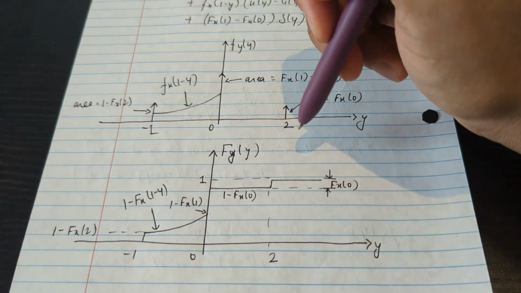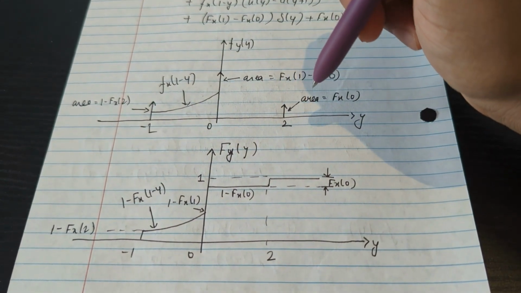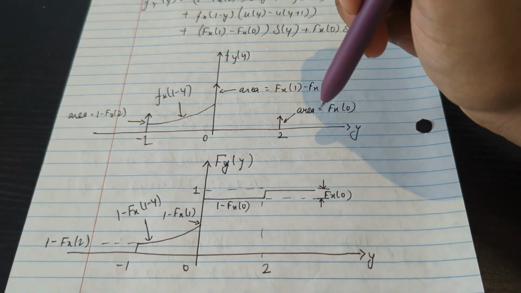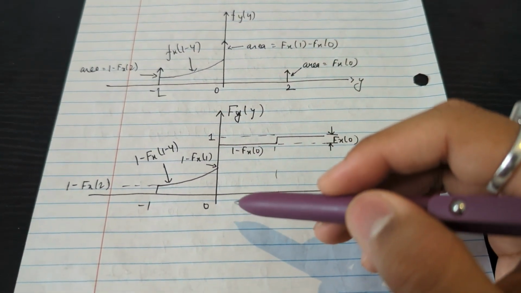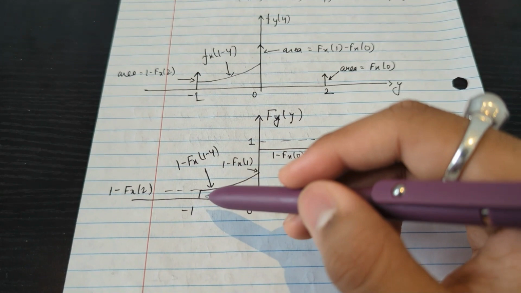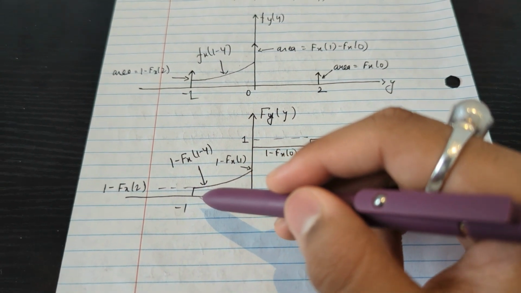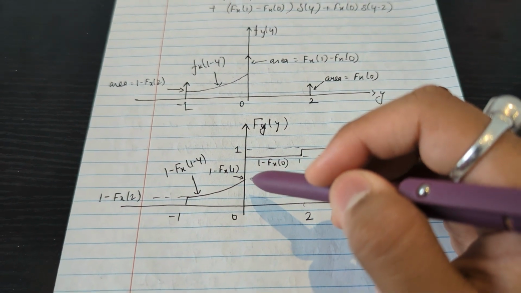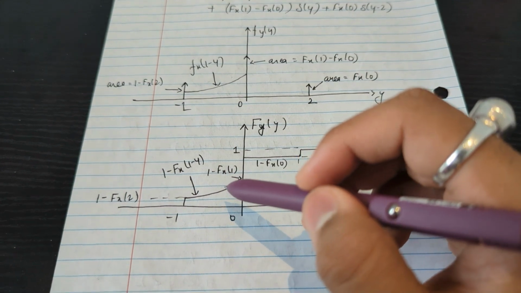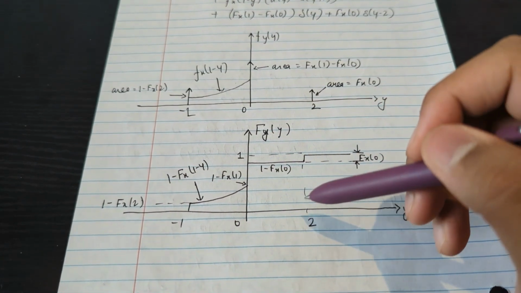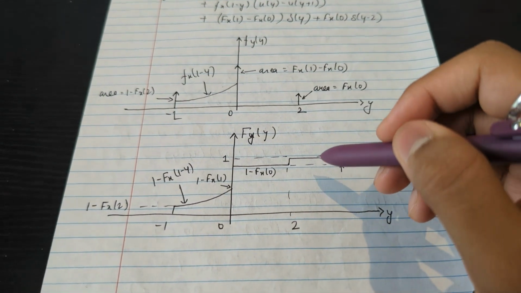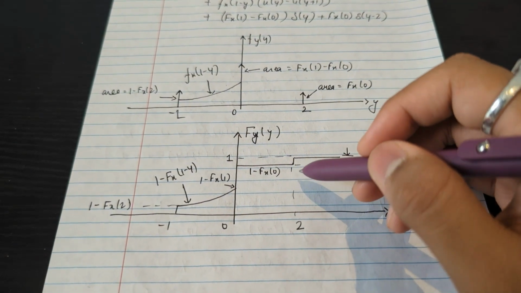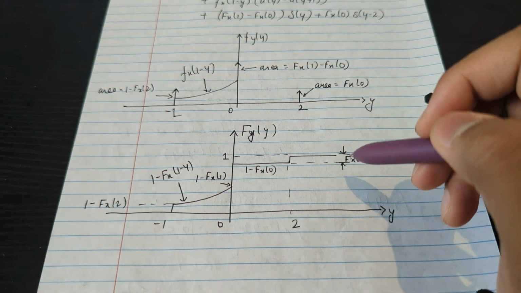From 0 to 2 it is 0, and at 2 we have an impulse with an area of Fx(0). And this is the distribution function. At -1 it starts from 1 minus Fx(2), and then goes up to 1 minus Fx(1). From 0 to 2 its value is 1 minus Fx(0), and then for y greater than or equal to 2 it is just 1.